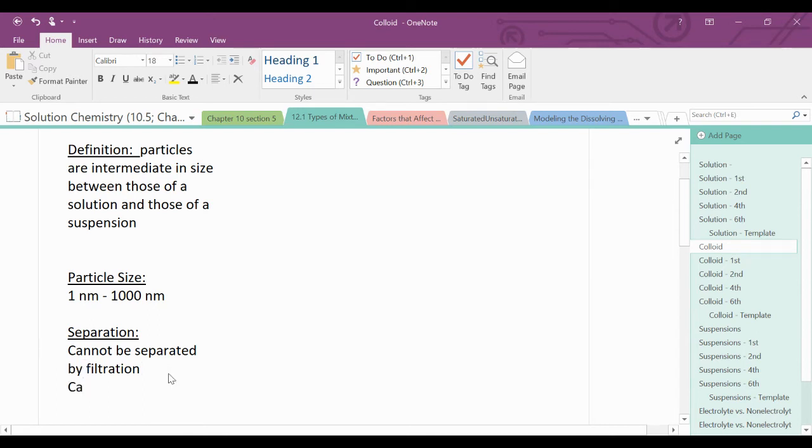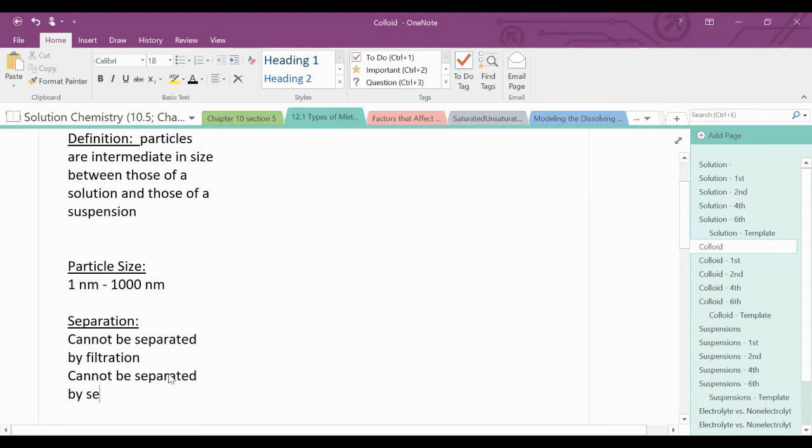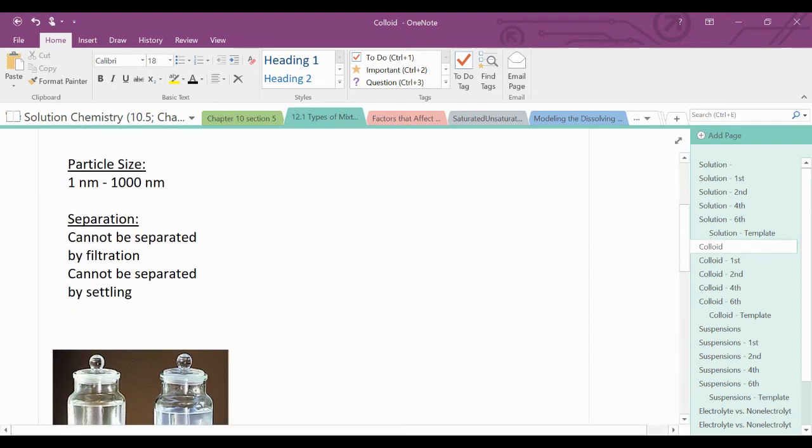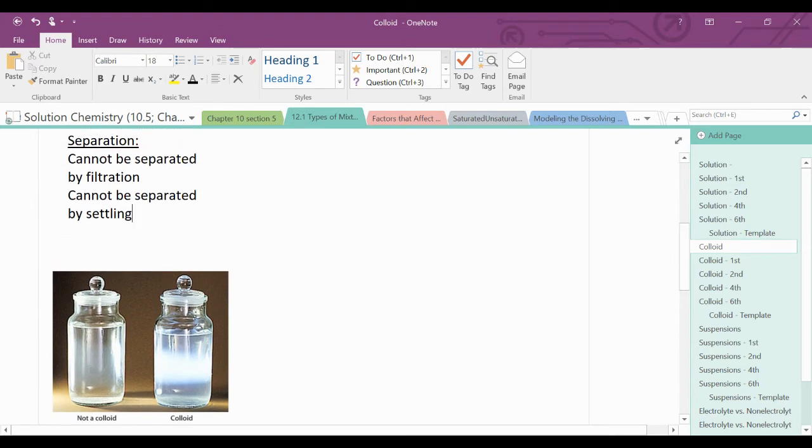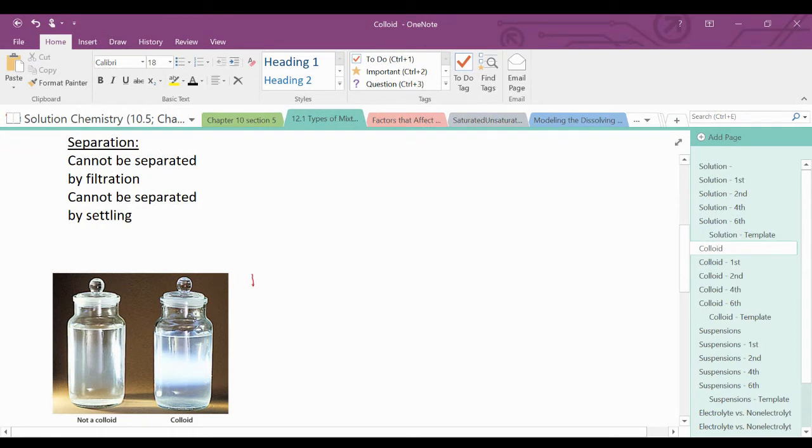These can also not be separated by standing, or by settling. But the one thing that these colloids have that we don't see with solutions or suspensions is what we call the Tyndall effect.